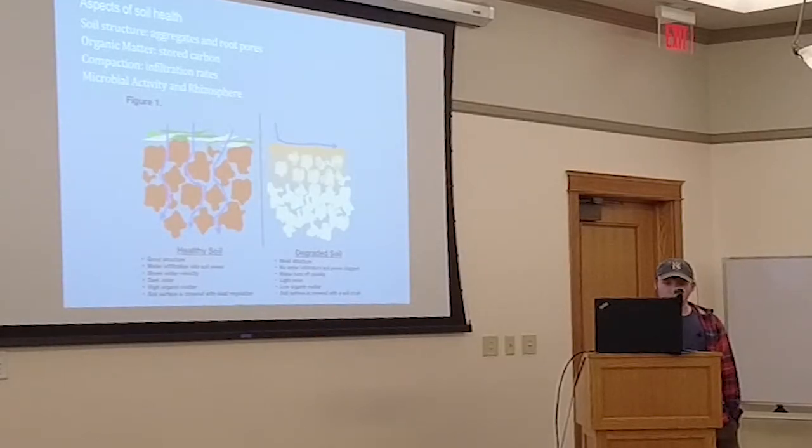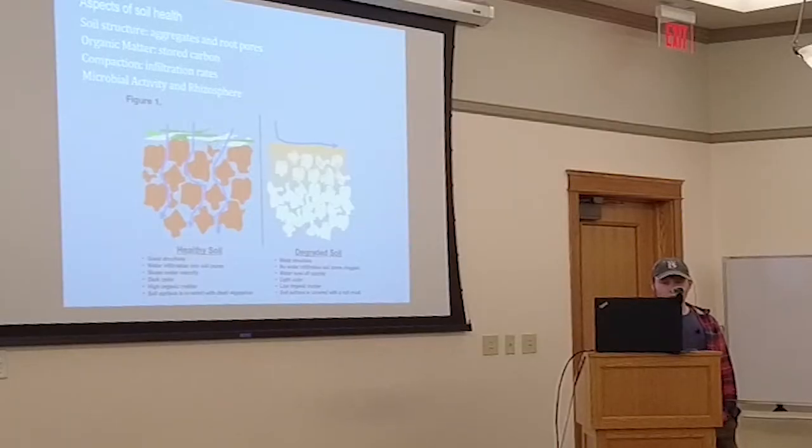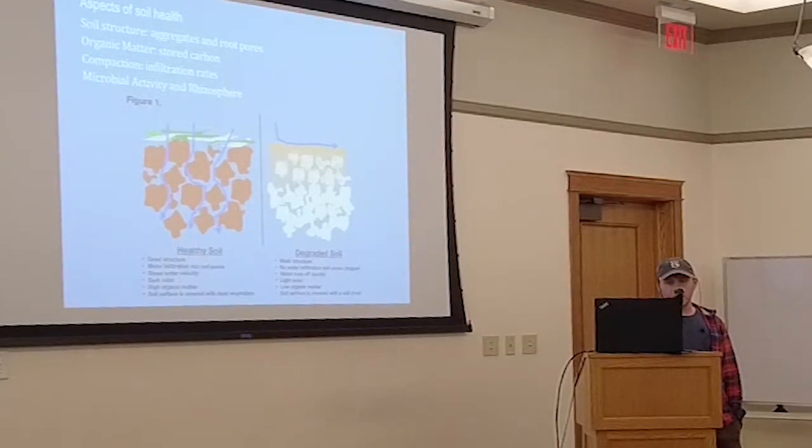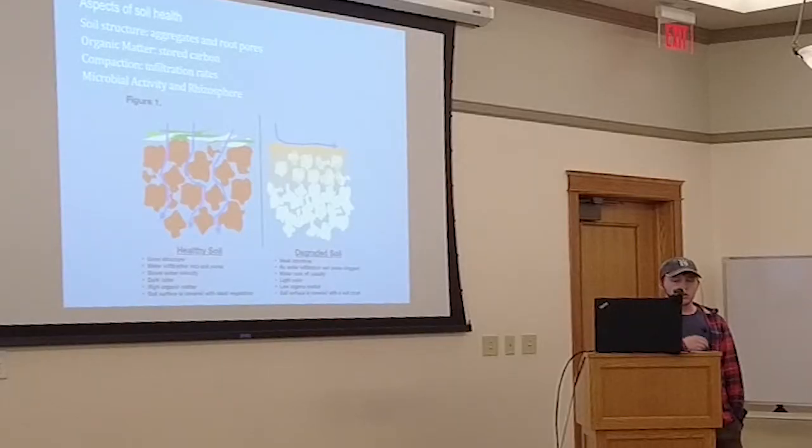Versus degraded soil, you can see that it really doesn't lend to water infiltration at all. That's when the plants will start dying off too, because they're not being supported by the soil that's there. Organic matter in stormwater systems is a little bit of a different lens or approach than if you're looking at it in not a stormwater system.